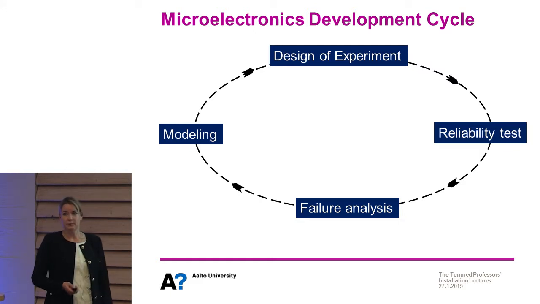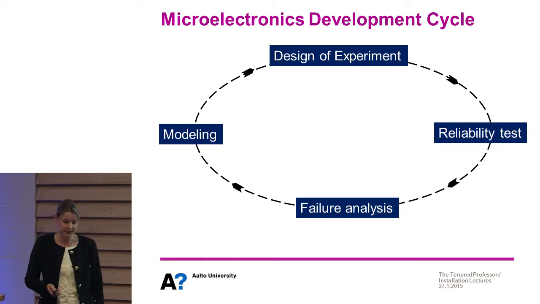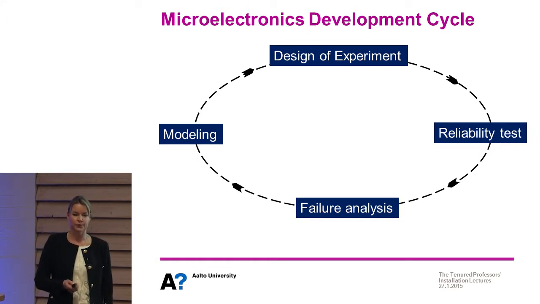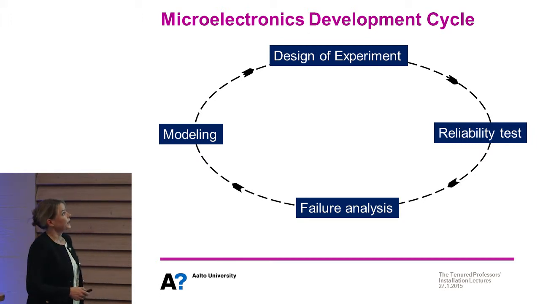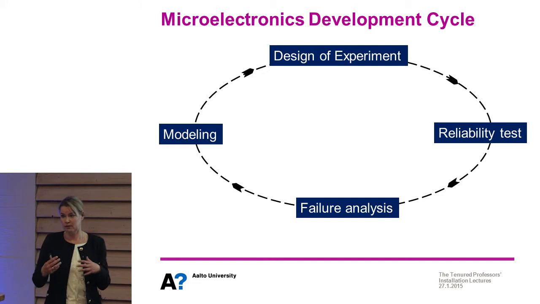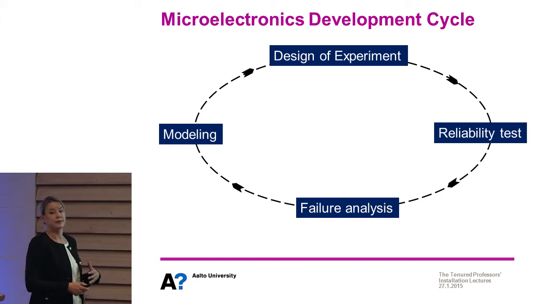So how should we develop? How should we avoid such issues and be sure that also after 10 or 15 years those complicated microsystems will perform like they should? This is what everybody says they're doing: okay, we do some modeling, we model our system, we do an experiment, we do testing, not only the operational testing and operational characterization, but also reliability testing to look at the aging behavior of that system.